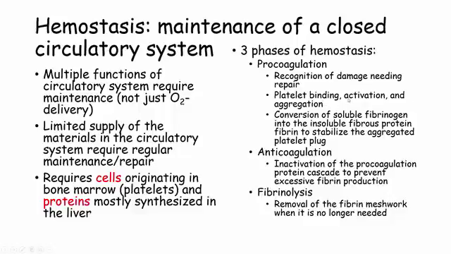Platelets are bound and they're activated and they aggregate, as we'll discuss, and to stabilize this plug that's formed by the aggregated platelets, a fibrous protein called fibrin is produced from a soluble precursor known as fibrinogen.